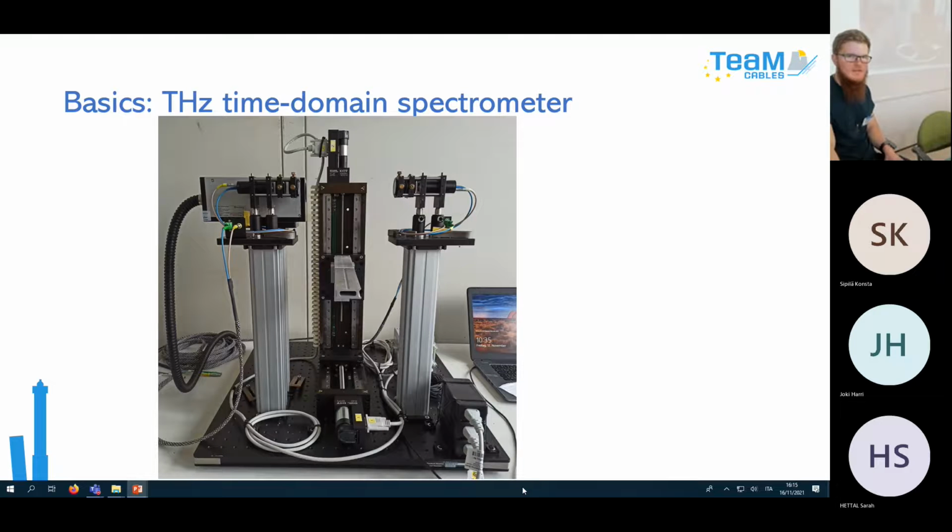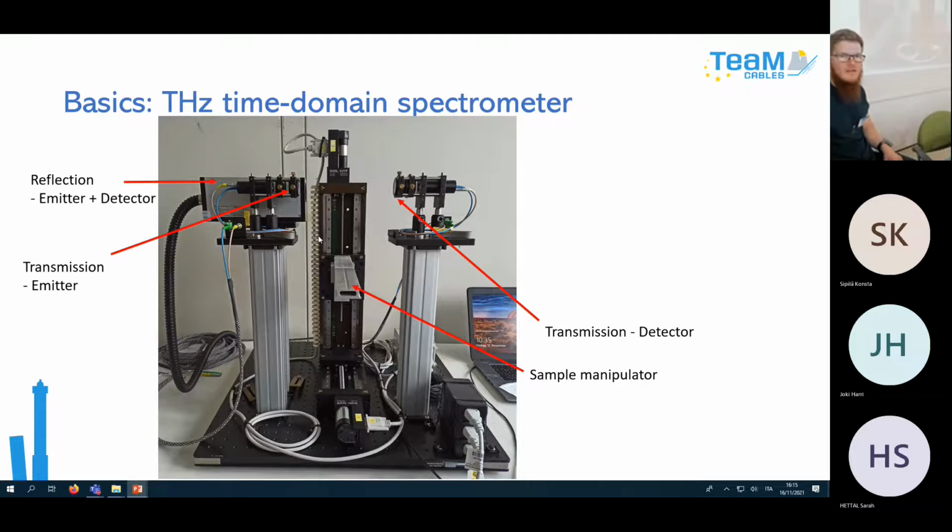Now, this here is our terahertz time domain spectrometer. We have here on the left side this box in the back. This is for reflection. We have emitter and detector in the same box. In front, on the left side, you can see our emitter for the transmission mode, and right on the other side, mirrored, the detector for the transmission mode, of course, and our sample manipulator.